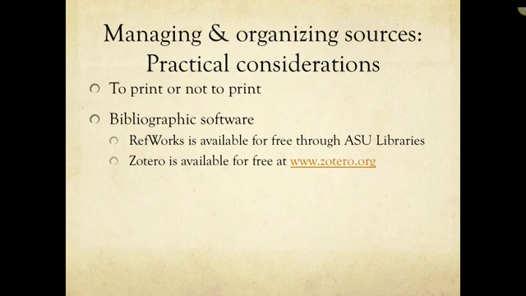Actually, with RefWorks, once you leave ASU, you have to purchase access. I think it's $100 a year. But Zotero is free. The only catch is that it just works with Firefox, and you have to download software. So if you are thinking of conducting research studies, or looking for a good way to organize your sources, these two software options are really nice.